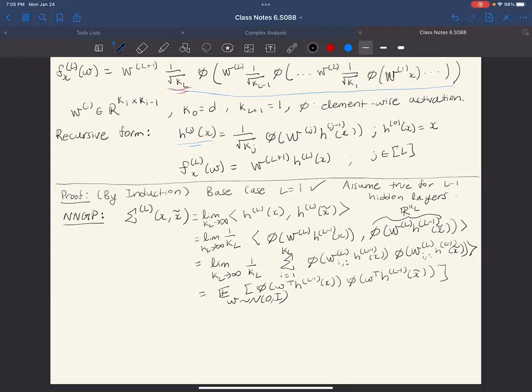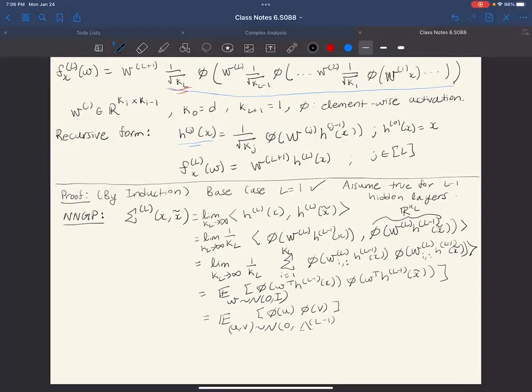And now, remember we did our trick. I can rewrite it as a bivariate expectation over some covariance matrix, which I'll call lambda L minus 1, of phi of U, phi of V. This is exactly how we computed the neural network Gaussian process.